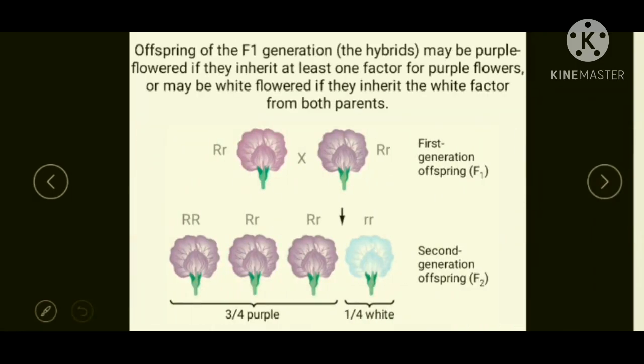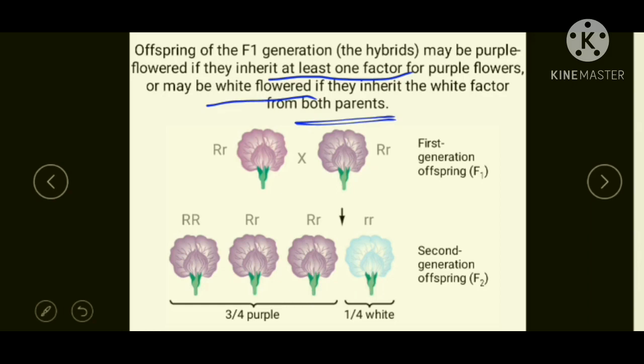So the offspring of the F1 generation, the hybrid, may be purple flowered if they inherit at least one factor for purple. Or it may be white flowered if they inherit the white factor from both parents.